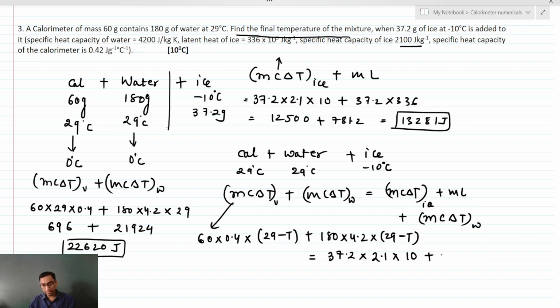The complete ice is melting, so 37.2 into 336, and plus this mc delta T, that is again 37.2 grams of water. Its temperature rises from 0 to T.